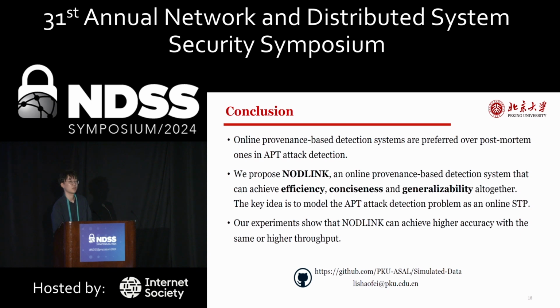But the problem is that the data is generally very, very large. So how large was the data, in terms of gigabytes, terabytes, whatever you were using? Yeah, the DARPA TC dataset is of the size of 50 GB, and our testbed collected data is around 10 GB. Okay, thank you.